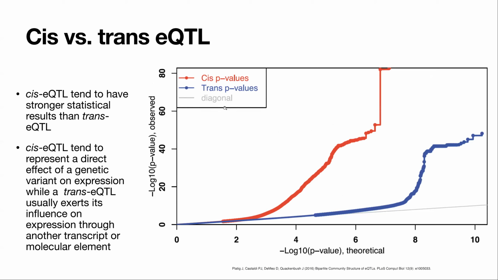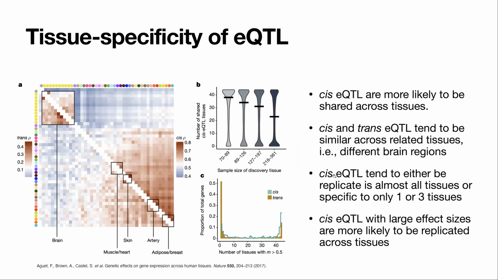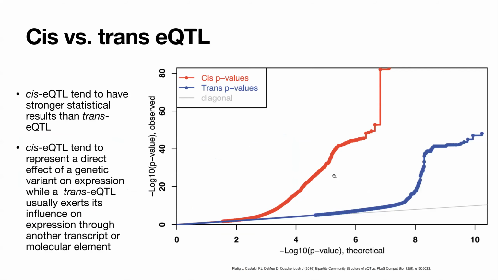A couple of characteristics that we typically see on cis versus trans eQTLs. Cis eQTLs tend to be much stronger. So they tend to have lower p-values, higher statistical significance than our trans eQTLs. And we can rationalize that based on these mechanistic effects that we've been thinking about and used to conceptualize eQTLs.